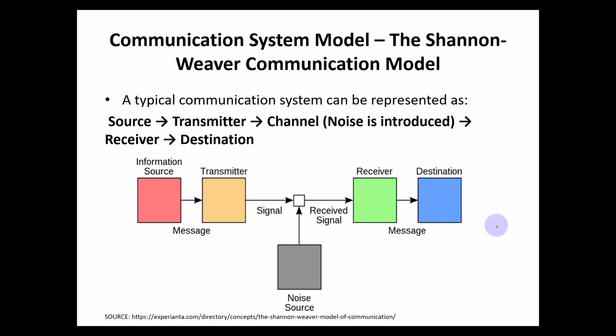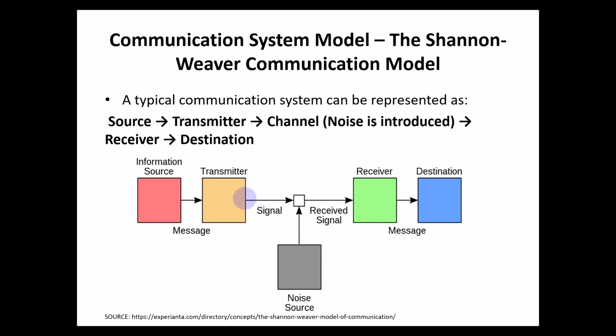And it has been nicely depicted in the diagram below, where the source is the source of information, the device that initiates the data process. And then we have a transmitter. So the data is passed on from the source to a transmitter, and a transmitter is just the device that will send the data.